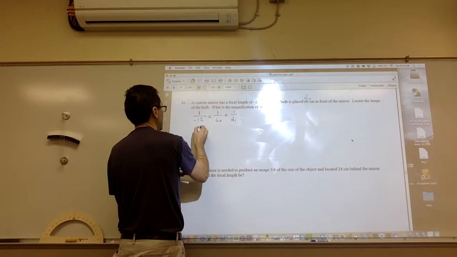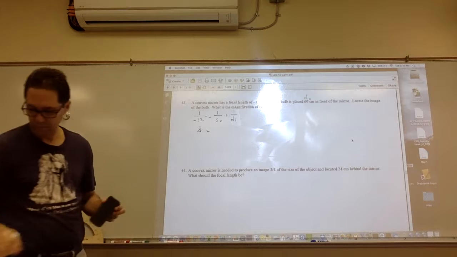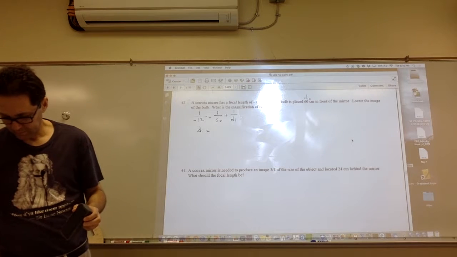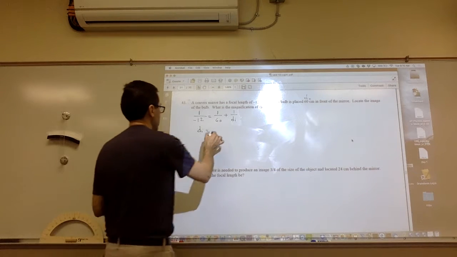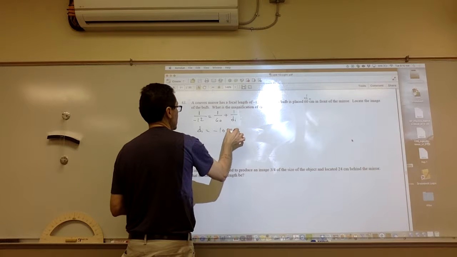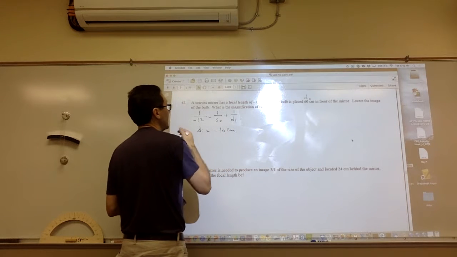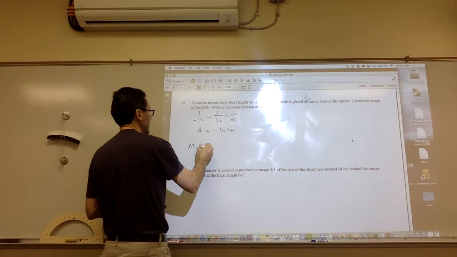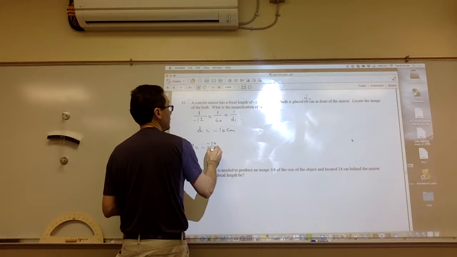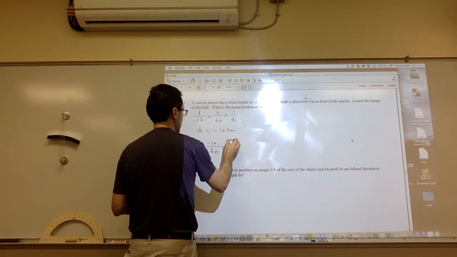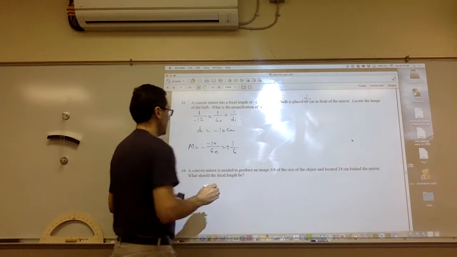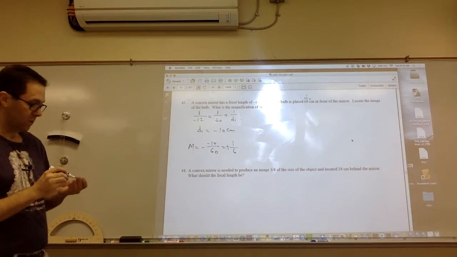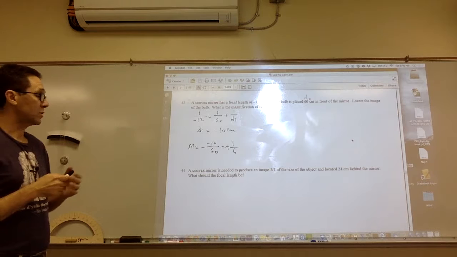So DI equals negative 10 centimeters. What is the magnification? Well, M equals negative DI over DO, so it's positive 1/6, which makes it a virtual and reduced image, and that's expected.